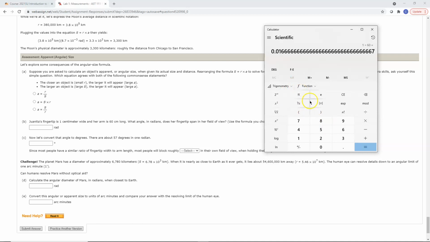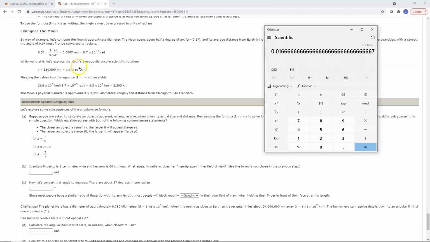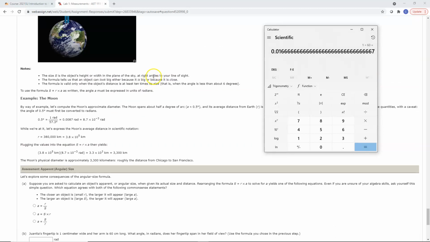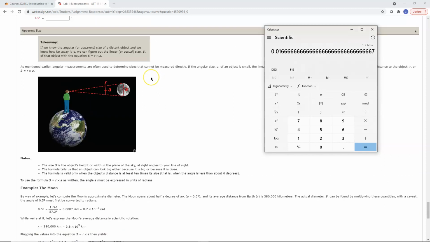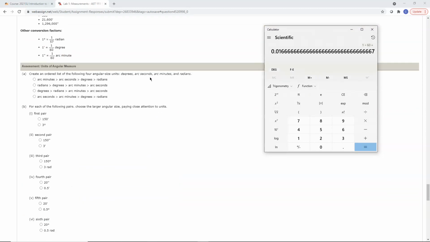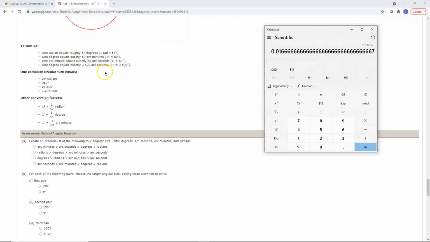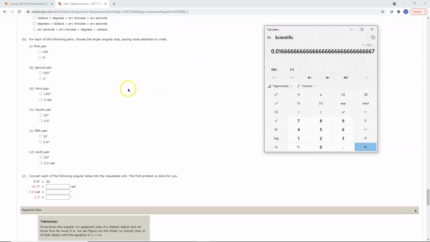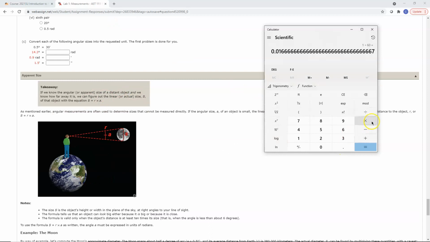Now, if I take that and multiply it times our radian number, which is 57.3. Where is that at on here? I want to show it to you again. 57, let me get back up here. 57.3, right there, 57 degrees. Multiply that times 57.3.